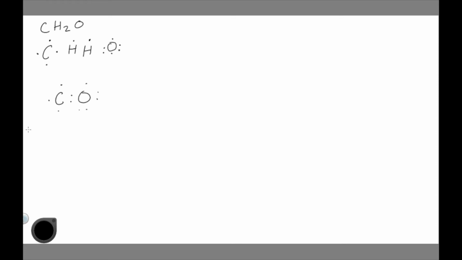Just like this. As you can see, oxygen shares one of its electrons with carbon, and carbon shares one of its own electrons with oxygen. And each atom helps the other atom to achieve its goal of an octet.